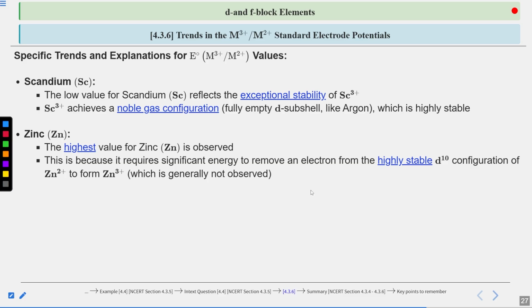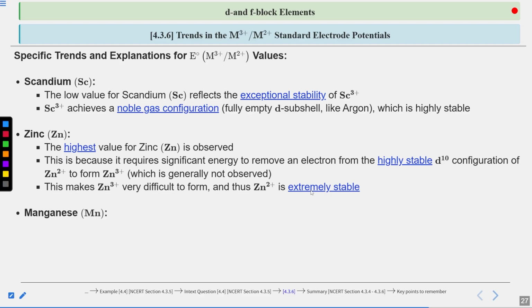Zinc is already 3d10 4s2, so it requires a significant amount of energy to remove the electron from the stable d10 configuration, which is generally not observed. Why would it donate its electron to become unstable? This makes zinc 3 positive very difficult to form, and thus zinc 2 positive is extremely stable. That's why the E naught value is the highest.